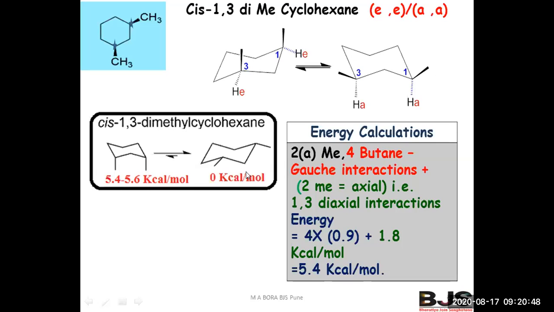Let us see the energy calculations. Now, I know the thumb rule that if there is one axial methyl, then it has two butane gauche interactions with the ring bonds, and since there are two axial methyl groups in the diaxial form, there will be four butane gauche interactions. With four butane gauche interactions, I expect the energy should be 3.6 kilocalorie per mole, as one butane gauche interaction increases energy by 0.9 kilocalorie per mole.